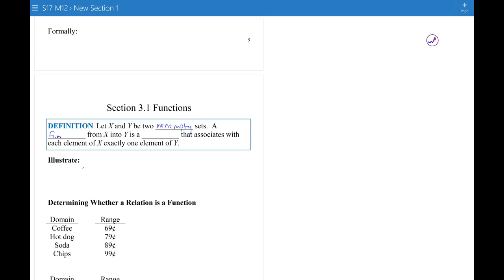A function, and this is the official math language, from X into Y, is a relation that associates with each element of X exactly one element of Y. So if you have a set that's called capital X and a set that's called capital Y, it says that for each thing in set X, it's associated with or maps to exactly one element in Y.